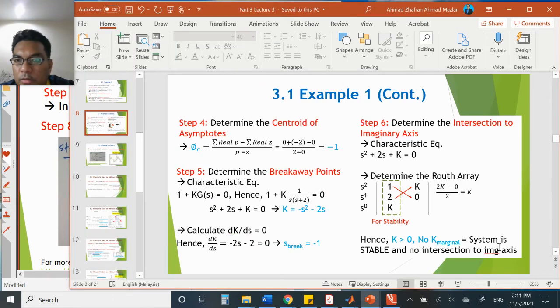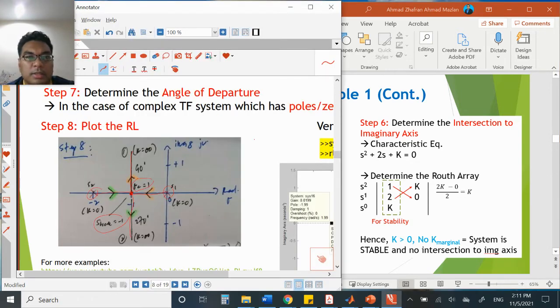For step 6, you know that the system is stable, there is no intersection with the imaginary axis. So you can consider that when k equals 0, you start from 0 and -2, going towards larger positive values of k, which we can draw like this.